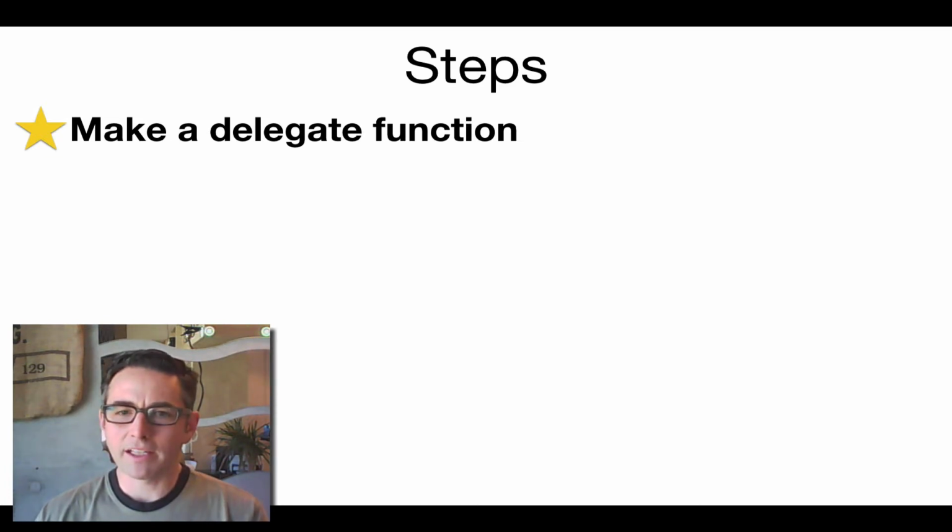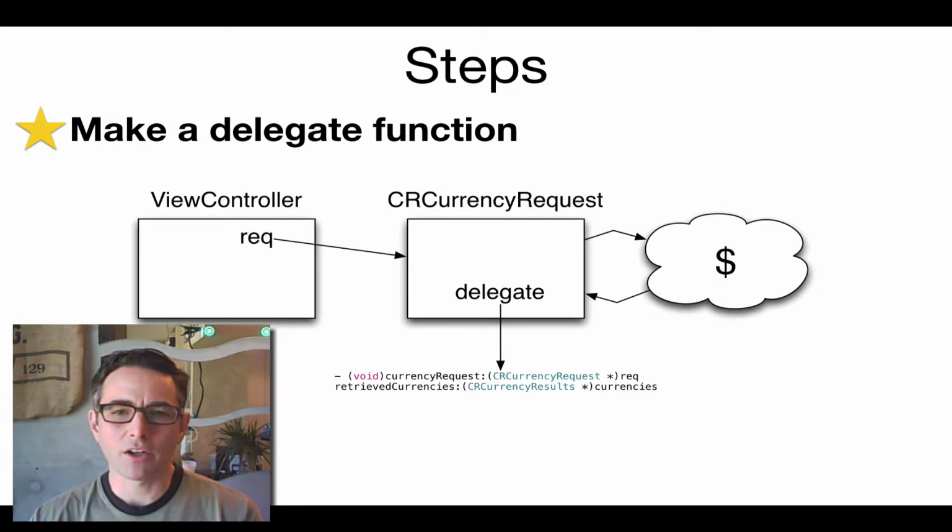The way the delegate works is that our CRCurrencyRequest object has an instance variable called the delegate. And the delegate is what is called after it gets an answer back. Unless we tell the CRCurrencyRequest object that we want to handle that delegate response, it's not going to tell us when it gets an answer back.